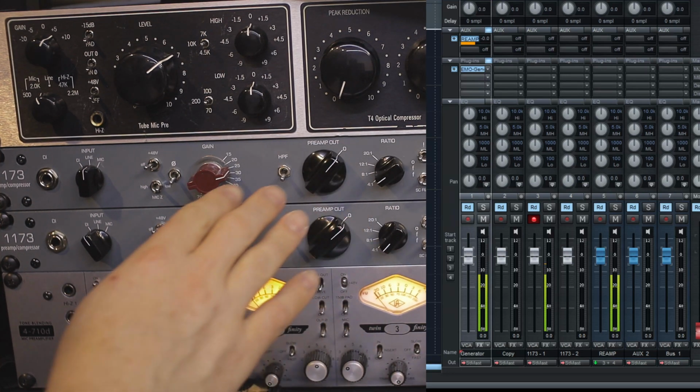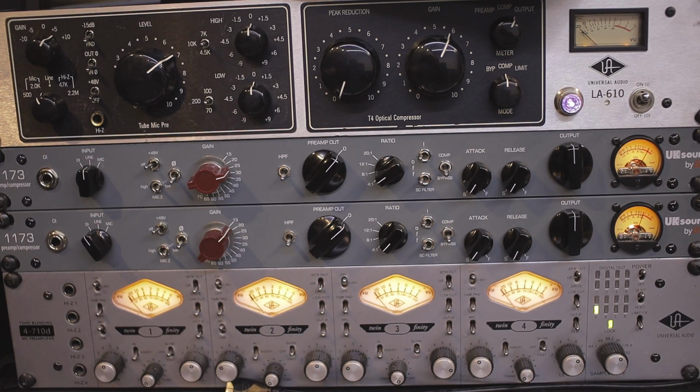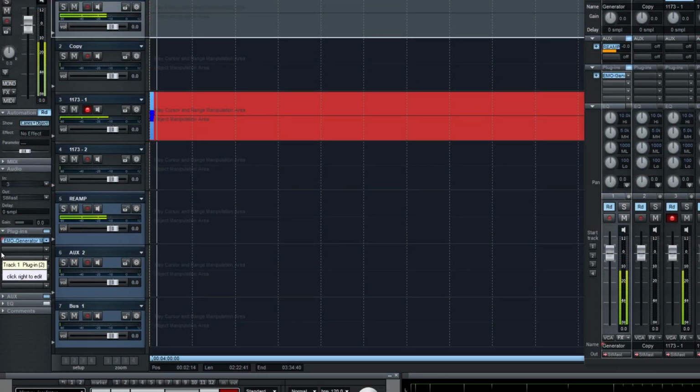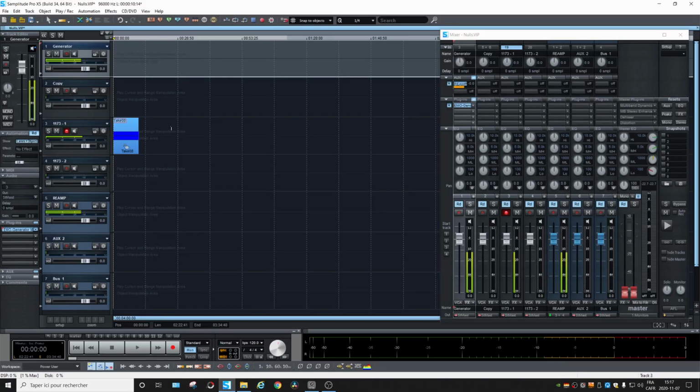And right now it does not matter if the settings of both 1173s are accurate or not, because we're going to record just one signal. So I'm going to push record. And stop. And I'm going to stop the generator.